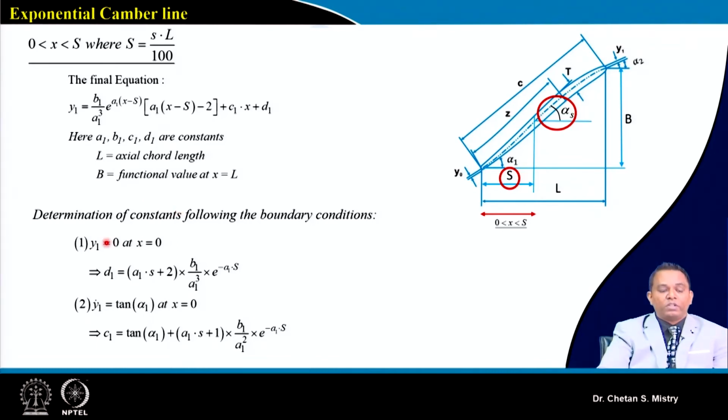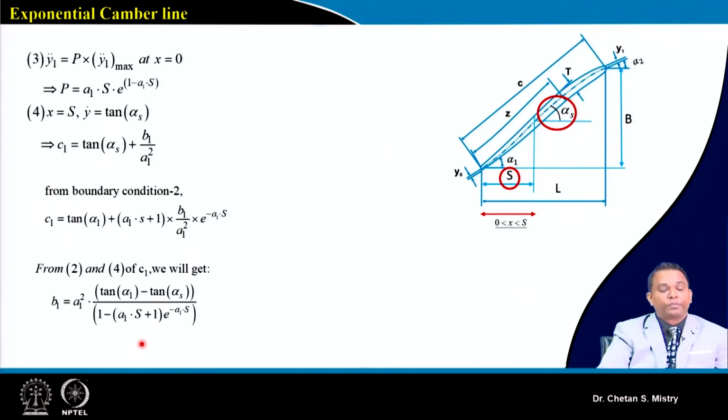First, as we have discussed, y1 equal to 0 at x equal to 0 will be giving me constant d1. When I take x equal to 0, this is my slope, which will be giving me my second constant c1. You can do pen paper calculation in order to check what numbers we are putting here.